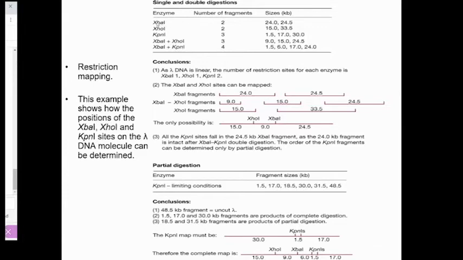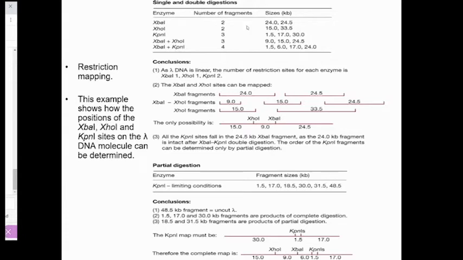Producing 2 fragments indicates there's only one cutting site for XbaI. For XhoI, it also produces 2 fragments, indicating only one cutting site. And for KpnI, it produced 3 fragments, which suggests there are 2 KpnI cutting sites.